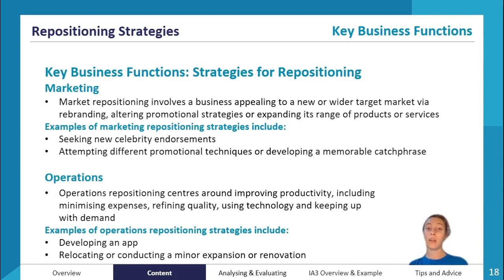So you can see that there are overlaps here as well. That was an HR example, and it's also an operations example because it is how the business is running. It's a strategy that is impacting the operations of the way that the business does things.